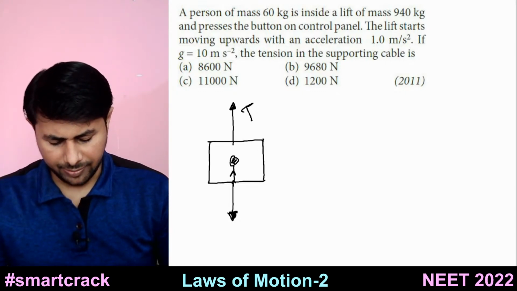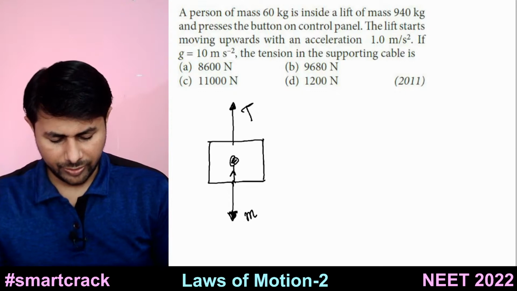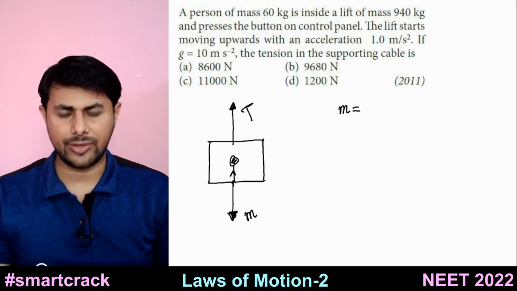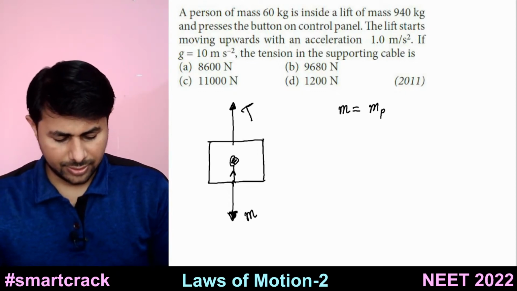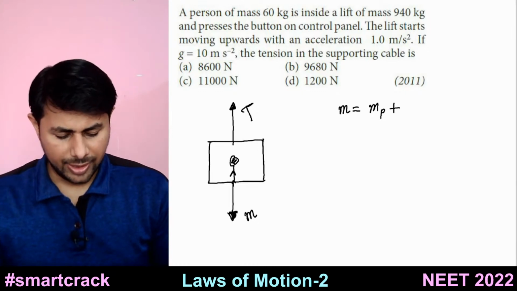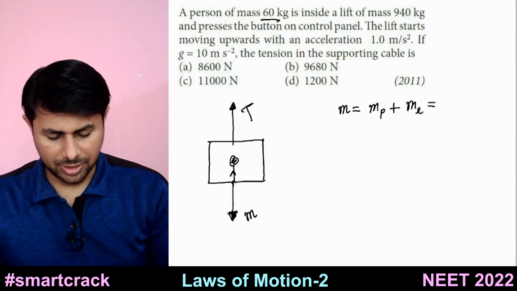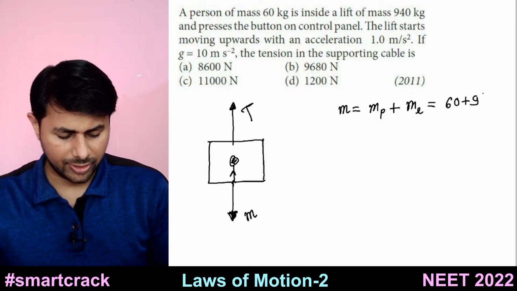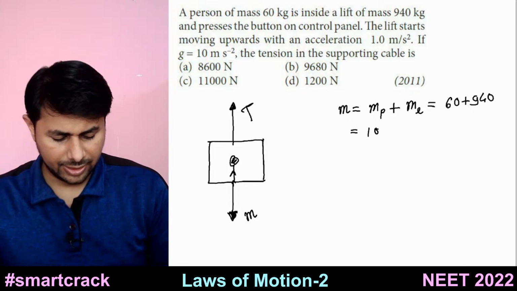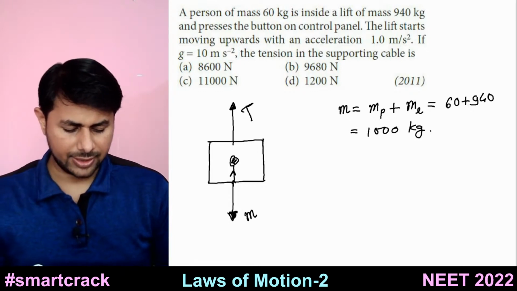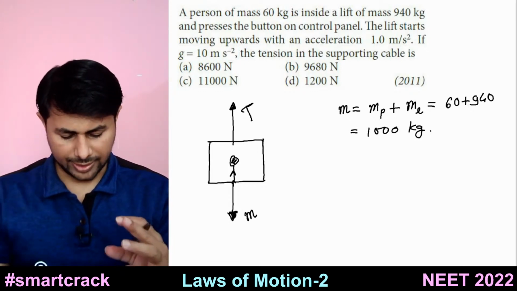Let's suppose the total mass is M. M is the mass of the person plus the mass of the lift, so it is 60 plus 940, which is 1000 kg. So that is the total mass.